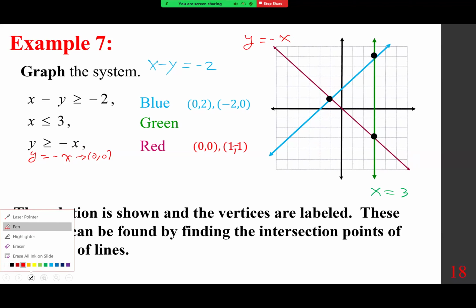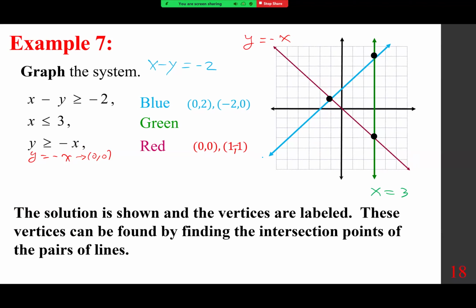Let me use a blue one. And this is x minus y equals -2. And so they come together, and you can easily find points of intersection. As I mentioned, if you put 3 into this one, you get (3, 5). If you put the 3 into this one, they are opposite of each other. So this one becomes (3, -3).